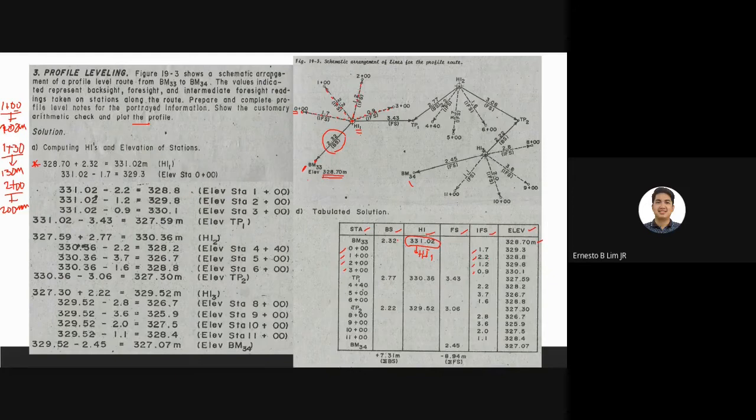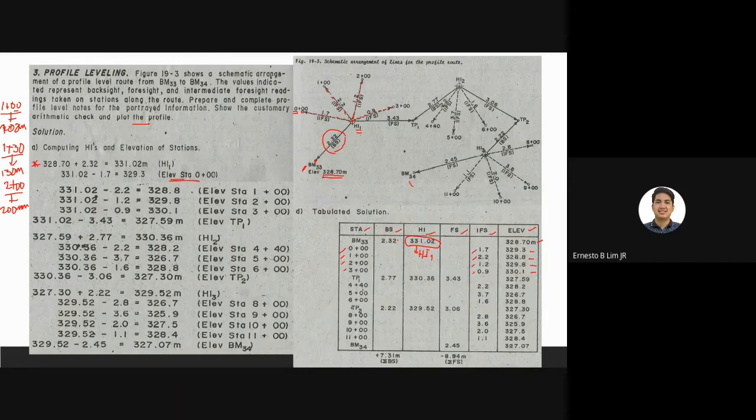Then after recording the intermediate foresight at the station, you'll try to determine the elevation at that station. How to get the elevation? Simply deduct the intermediate foresight. That is the height of the instrument minus the intermediate foresight at that station.